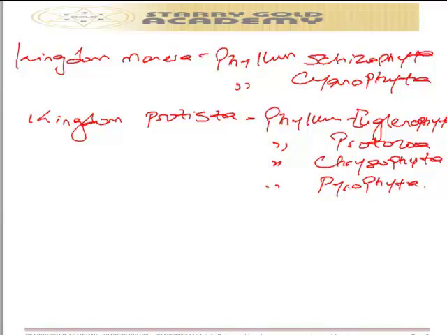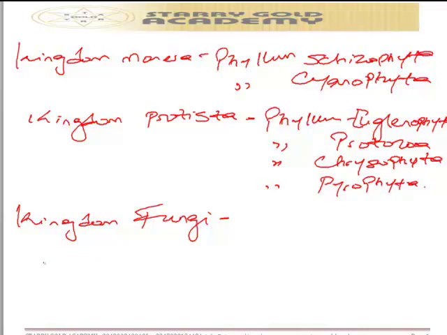So those are the four phylums we have under the kingdom Protista. And the last one, the kingdom Fungi. Under this kingdom, we don't have a division. The kingdom Fungi has no phylum, so it's just there on its own.